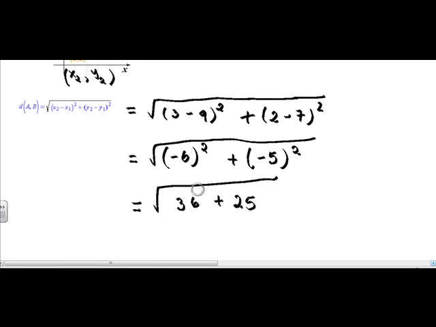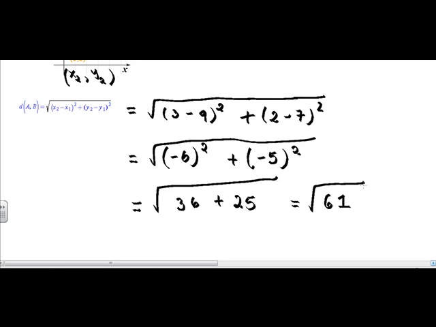If you have a negative number coming out, that means there's something wrong with your calculation, that you make a mistake. So try to go back and see where you made a mistake.